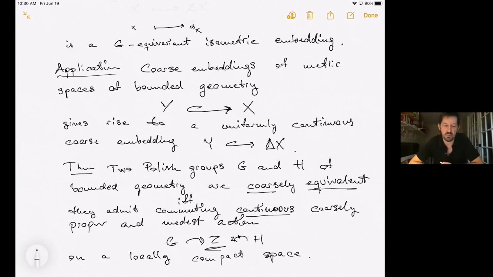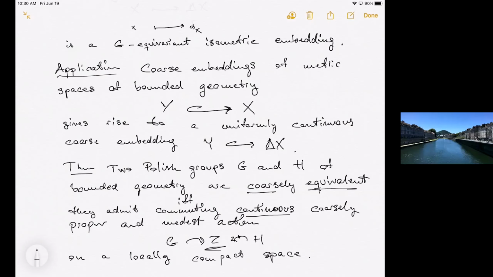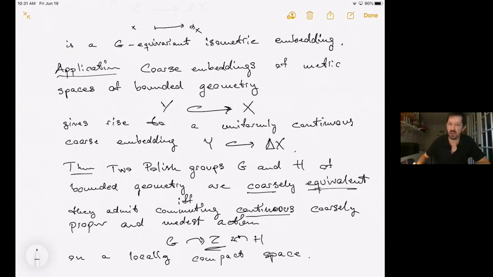There's a paper where he produces a coarse embedding of one Banach space into another which is not close to a uniformly continuous embedding. Oh, okay, thank you. So that's where you use the bounded geometry.